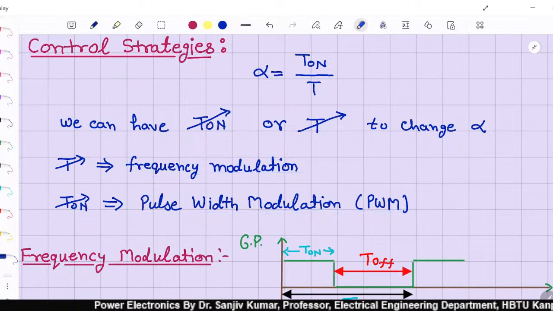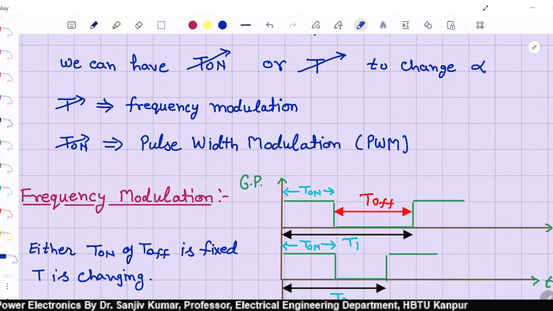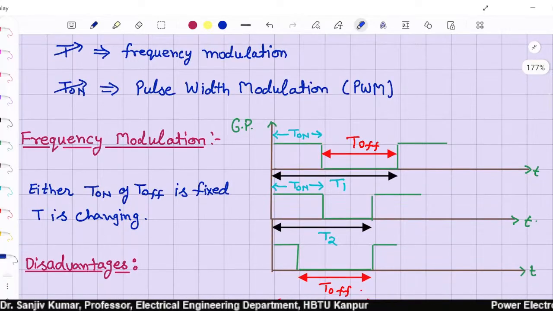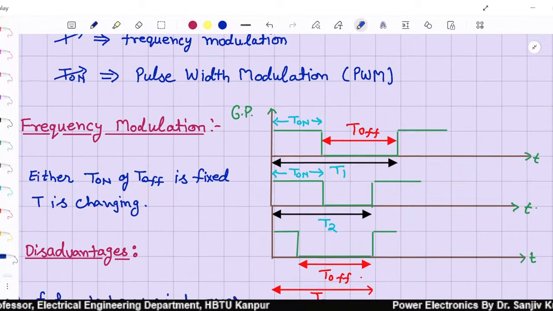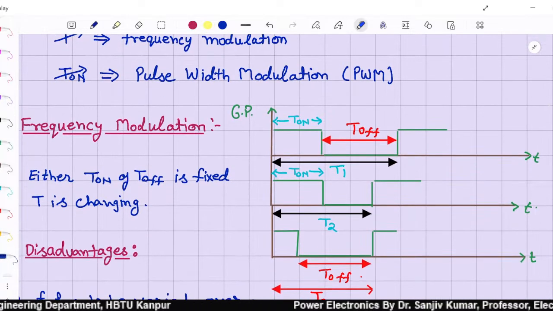Let us first see the frequency modulation. In frequency modulation, what we do is keep either T on or T off constant and change the time period.